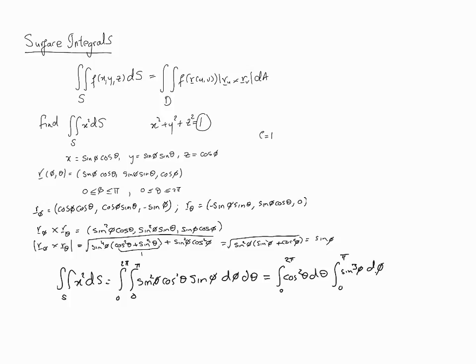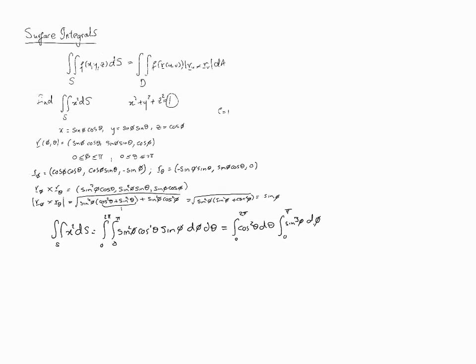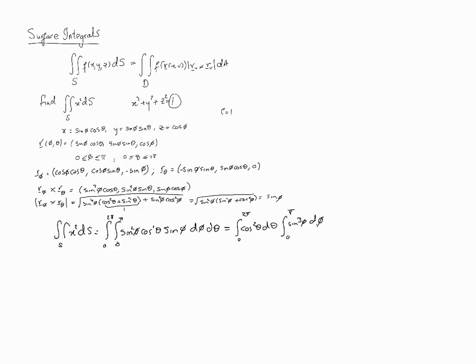That'll work out as, so this just shows you how the integrals can easily be worked out, and then that boils down to just 4 pi over 3 after you do all the simplification.